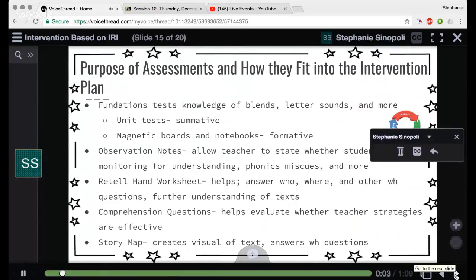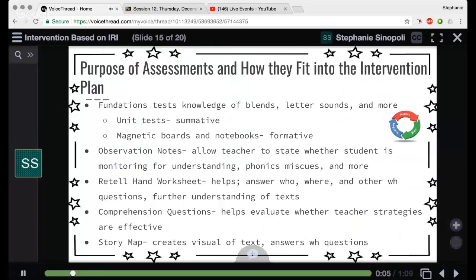These are the purposes of the assessments and how these assessments fit into the intervention plan. So the foundation tests knowledge of blends, letter sounds, and more. The unit tests are the summative assessments that will test the knowledge of the blends and the sounds in sentences.